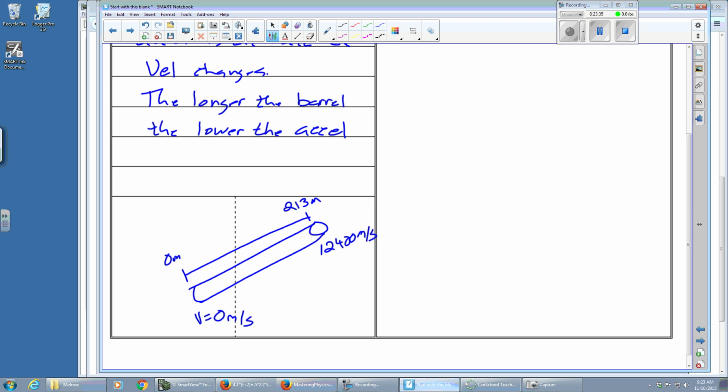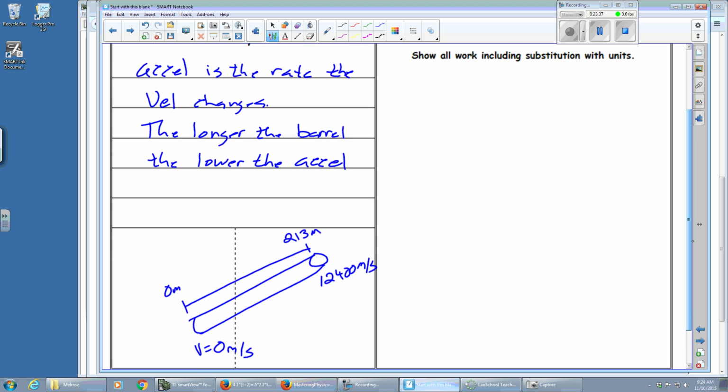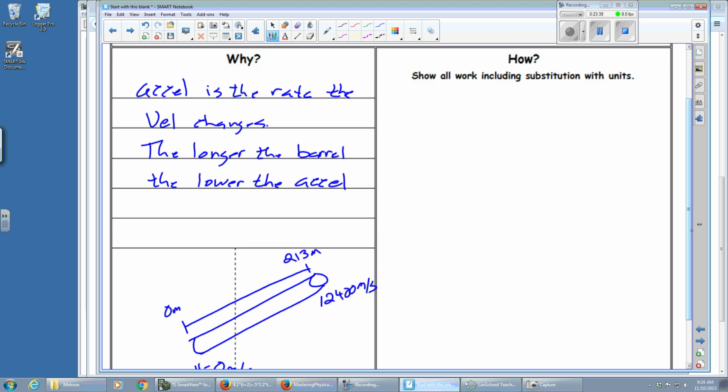So I'm going to use V final squared equals V initial squared plus 2A delta D. I know my final velocity, 12,400 meters per second, squared.